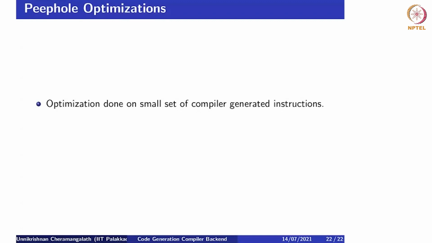Like suppose you have something like A equal to A star 2. Initially you had a multiplication, then you want to modify it to addition or left shift. That small set of compiler generated instructions is known as the peephole.